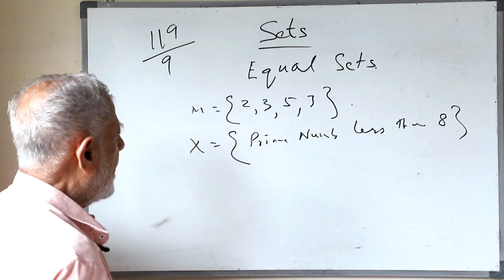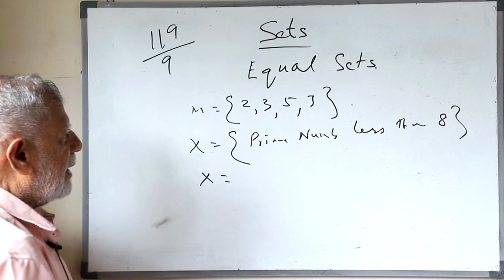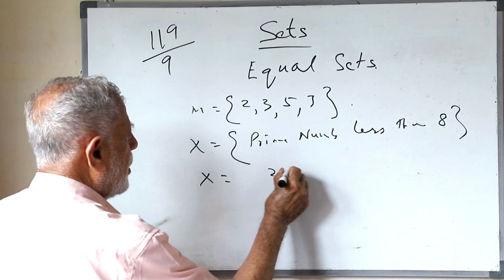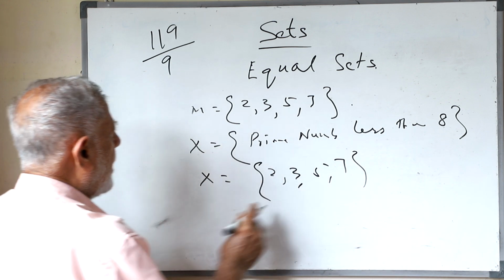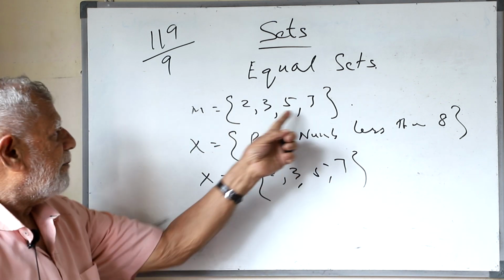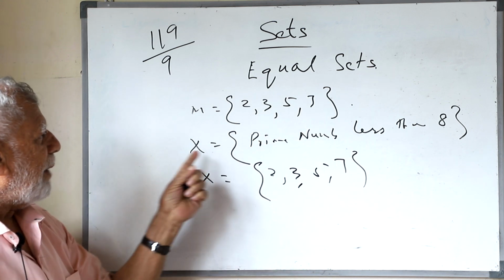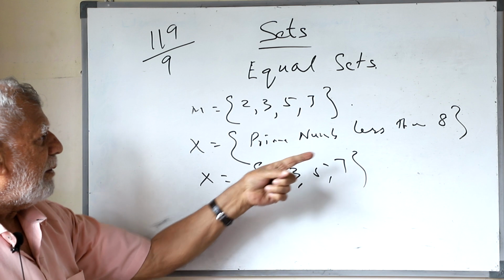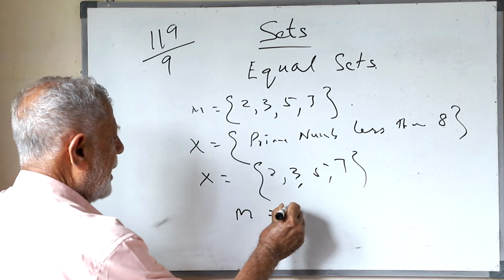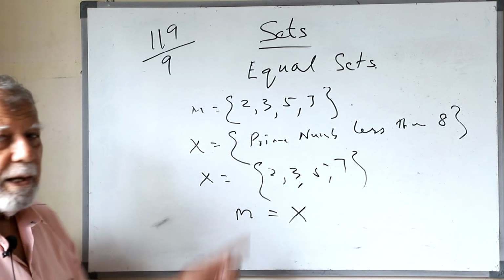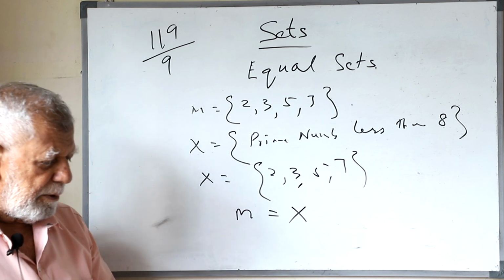When we write the elements of X, prime numbers less than 8, it will be 2, 3, 5, 7. So M is equal to X because the elements are equal. When the elements are equal, we say that the sets are equal.